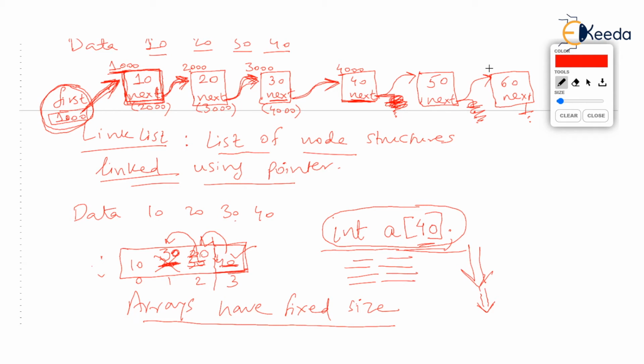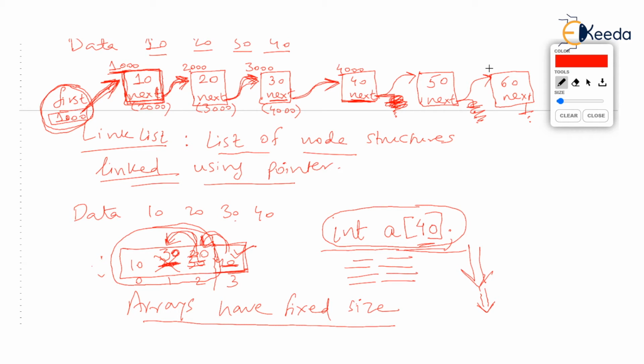We will say 10, 30, 40 are my valid locations, and the next element 40 is as good as garbage. Can you imagine an array of size 1000 and we want to delete one element? So many left shifts we will have to do. Just check, values are to be shifted to the left: 30 was shifted to the left, 40 was shifted to the left. A lot of left shifts will have to be done.